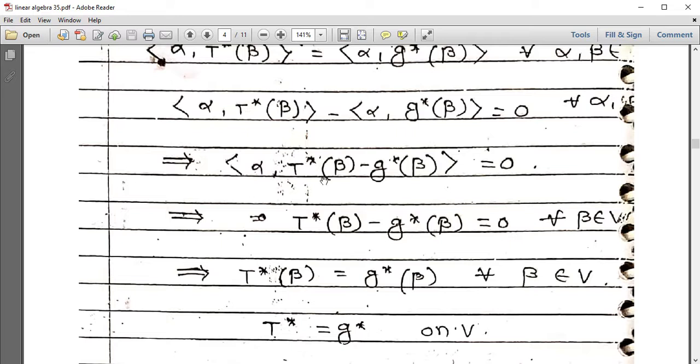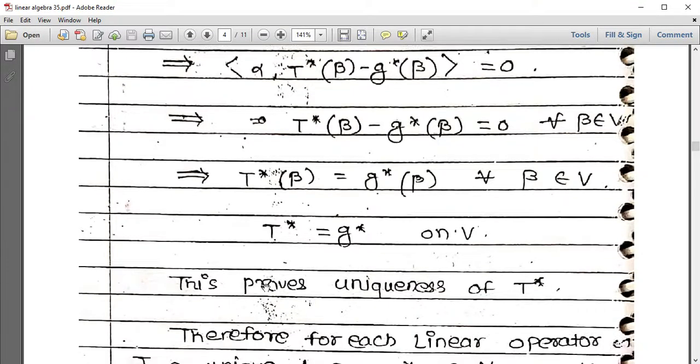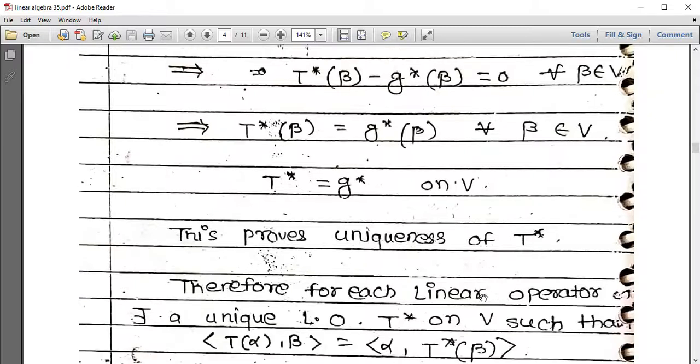Why? Because if the inner product of two terms is equal to 0 for all alpha belongs to V, then this term T star of beta minus G star of beta is equal to 0 for all beta belongs to V. Hence, we have T star of beta is equal to G star of beta for all beta belongs to V, which implies that T star is equal to G star on V. This proves the uniqueness of T star.